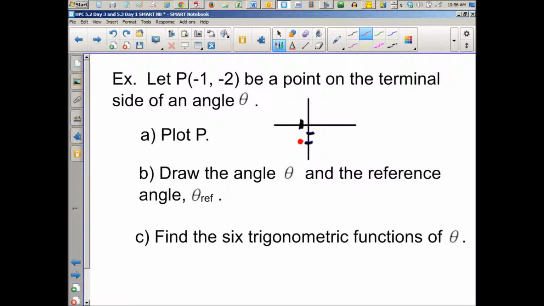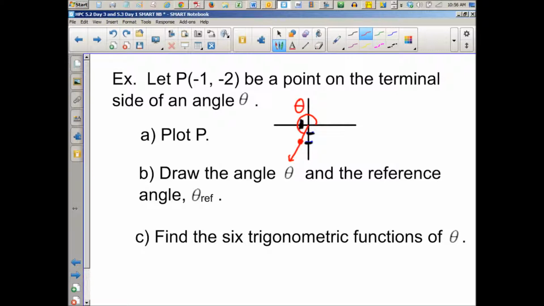I'd like to draw the angle and the reference angle, or theta ref, it's called. So how do you do that? Well, it's talking about an angle that passes through this point, right? So your angle theta, don't miss this. You have to draw pictures on my test to show me that you understand the vocabulary, okay? You have to draw this and label it theta.